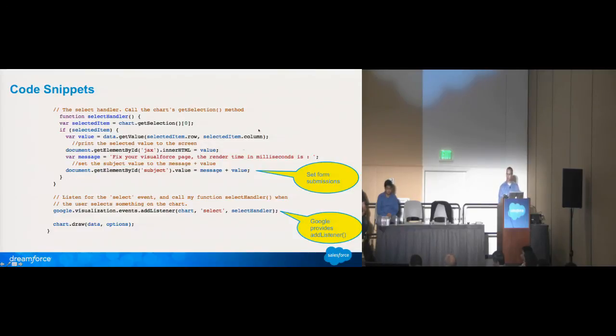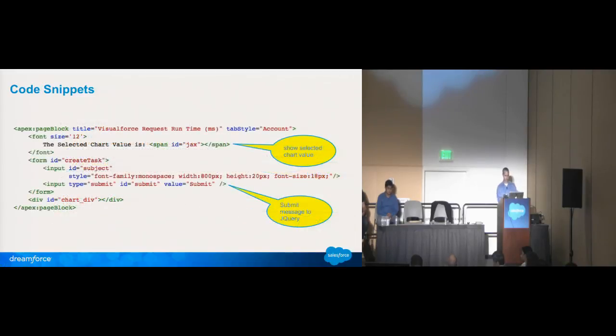The way Google Charting API works is you add a listener so that when that selection happens, we can pass out that message. All right, so then we show that selected chart value, and we submit that message off to jQuery, which handles the heavy lifting for the form field.